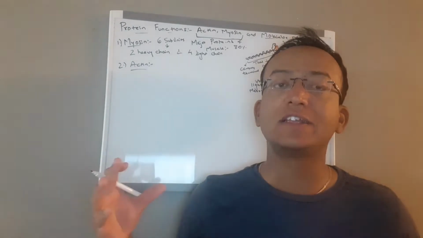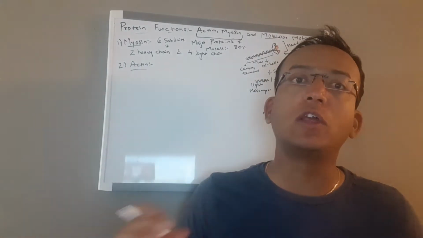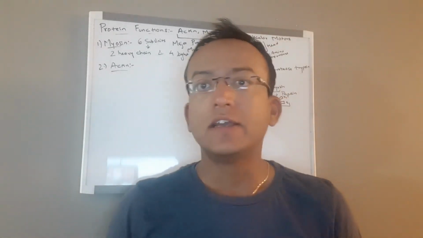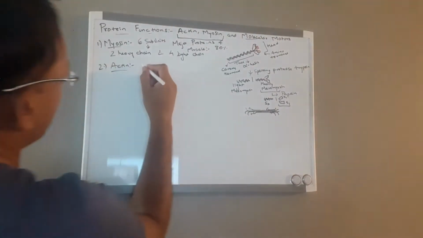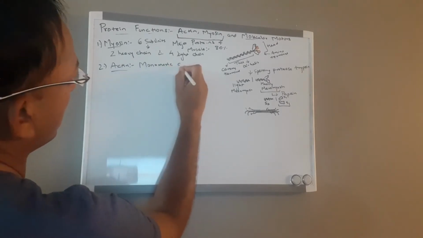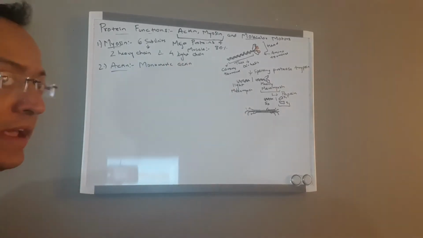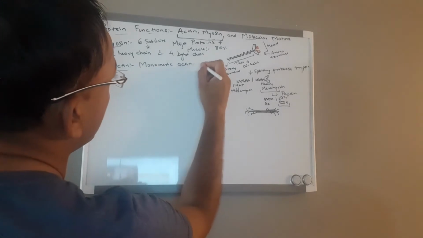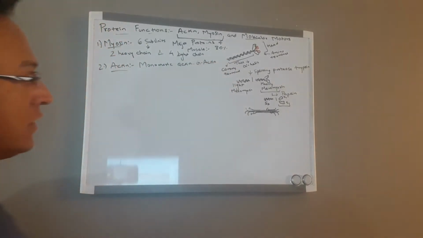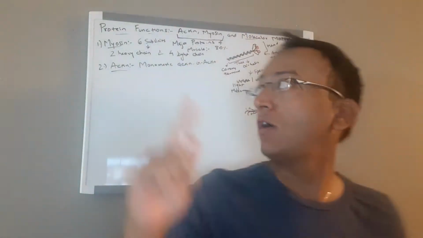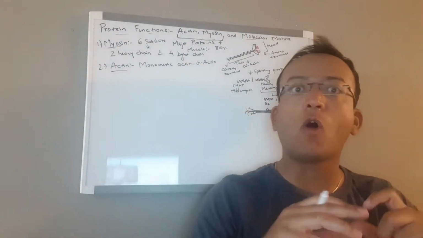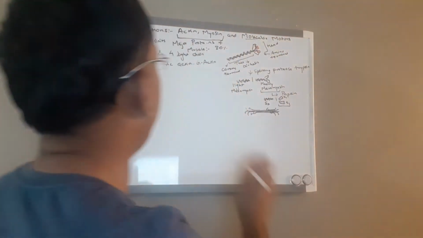And this G-actin associates to form a long polymer called F-actin. So how does it form the thin filament? This G-actin associates to form a long polymer called F-actin.